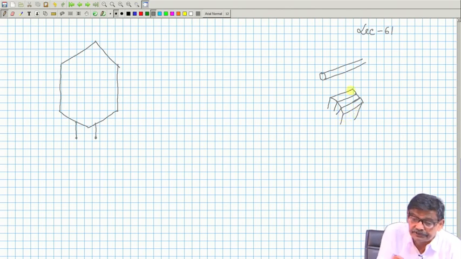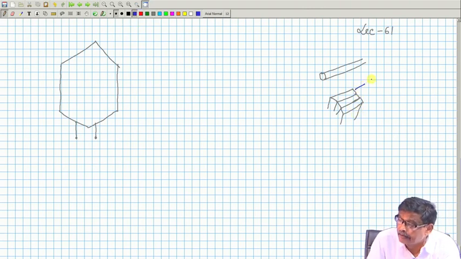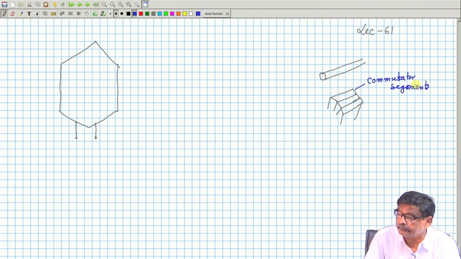These are copper strips. The one I showed with a circle is on the shaft of the machine. I will put it like that. These are called copper strips, or commutator segments, conducting.